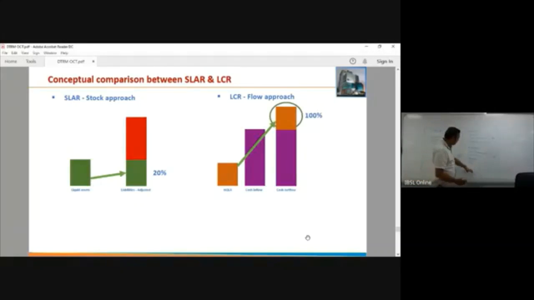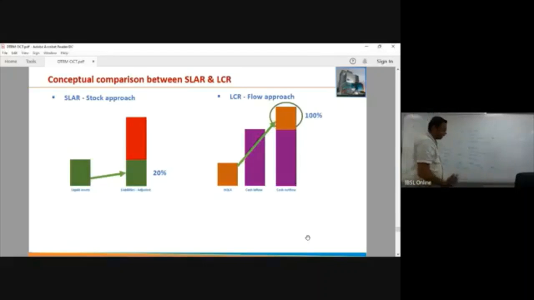Now, we need to compute the net outflow for the next 30 days. Outflow minus inflow, so it comes to 400. So your net outflow for the next 30 days is 400.